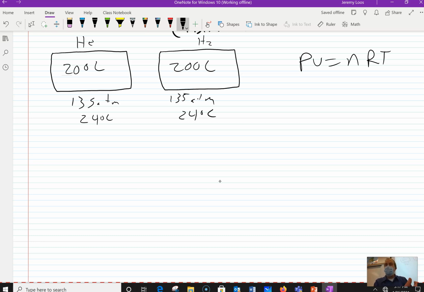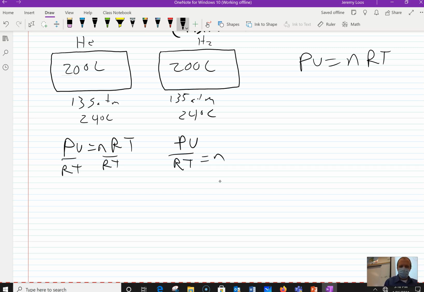Here's how we could solve this. Remember, you can always convert from grams to moles of anything as long as you know what gas you're dealing with. So let's figure out how many moles are in this tank, right? We've already established from the previous problem the moles is going to be the same in both tanks, so we don't have to do that twice. So if we solve for moles, PV equals nRT, divide both sides by RT. So PV divided by RT equals n.